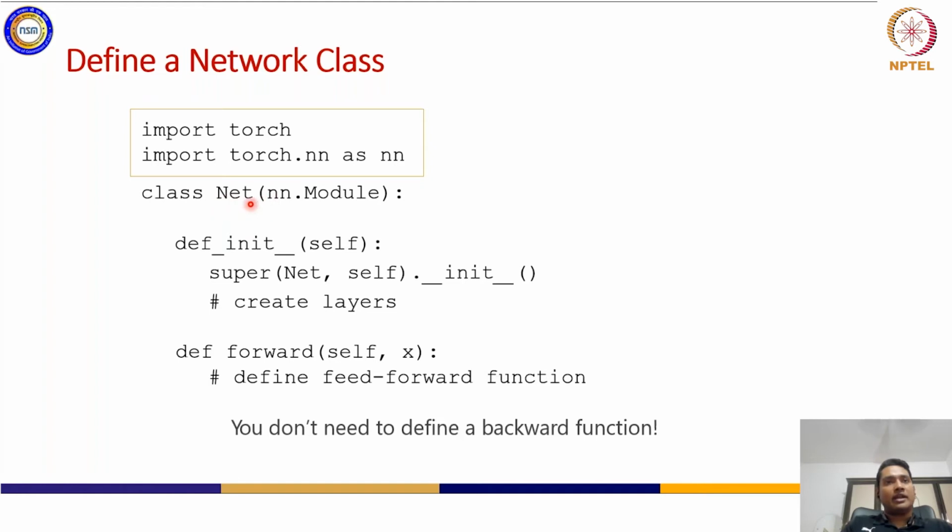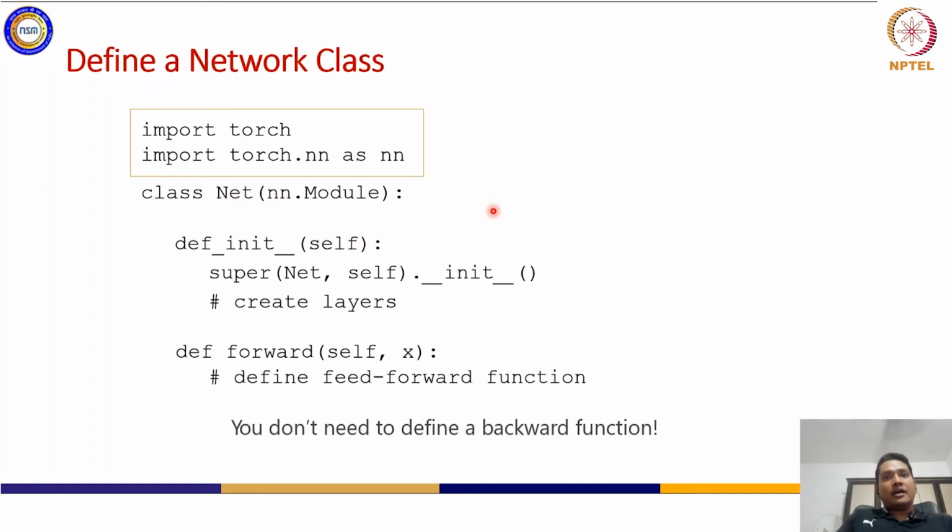You can rename it to any model, whatever model you are targeting, you can rename it from Net to anything. So nn.Module, this is the basic Python structure for inheriting one class. nn.Module is the superclass of this Net class that we are defining here.